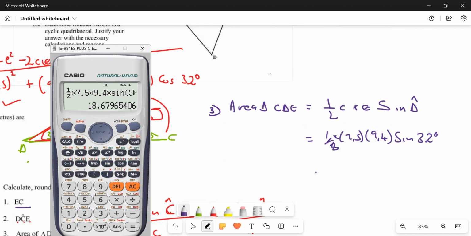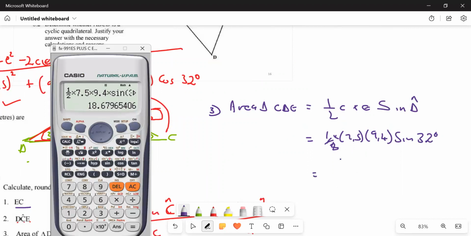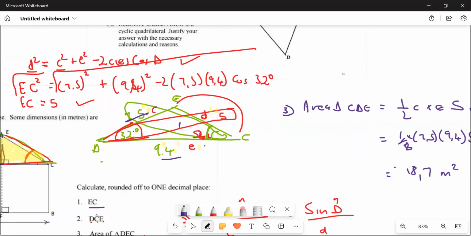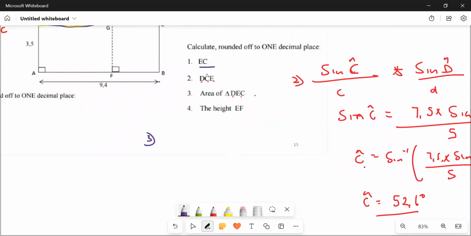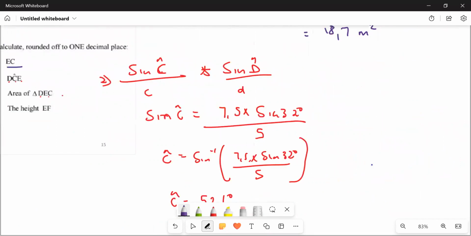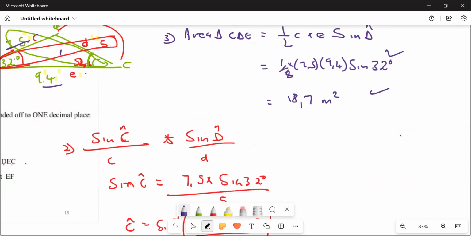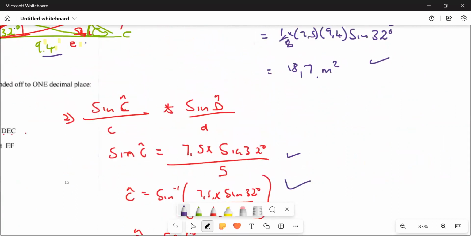And then the area is going to be given as 18,7 meter squared. And for something like this, you're still going to get 2 marks. It's 1, it's 2. For this one, it's 1, it's 2, it's 3.